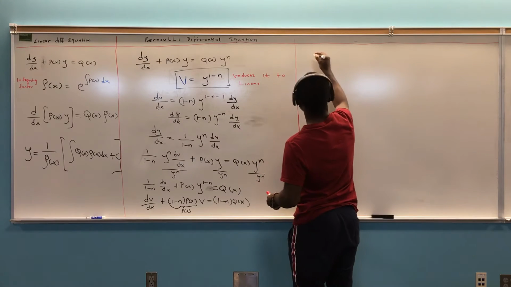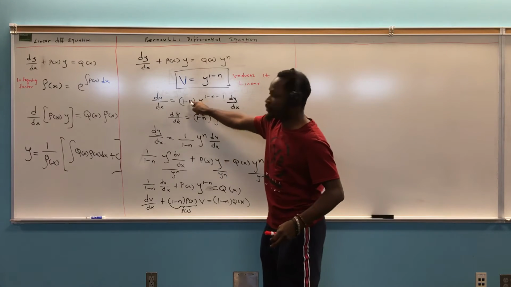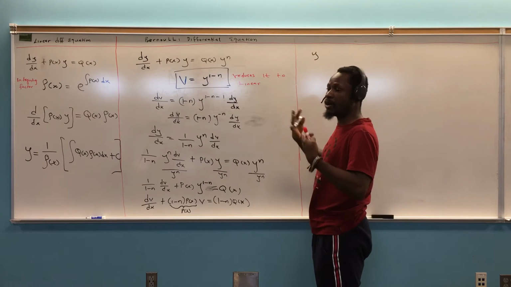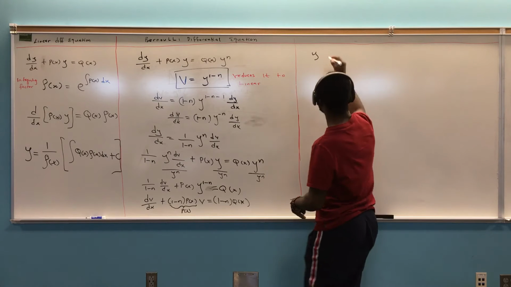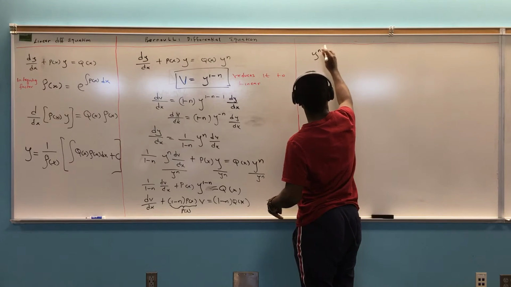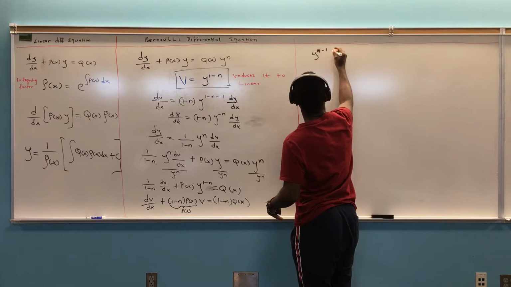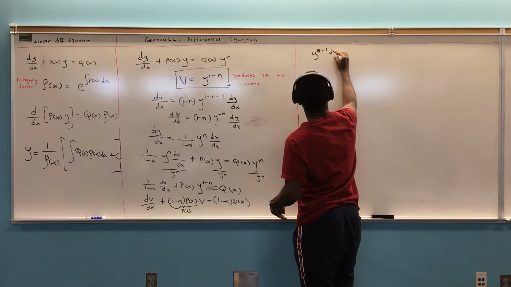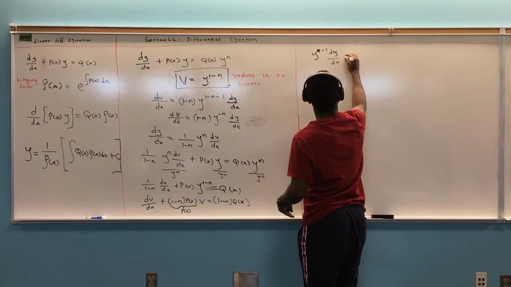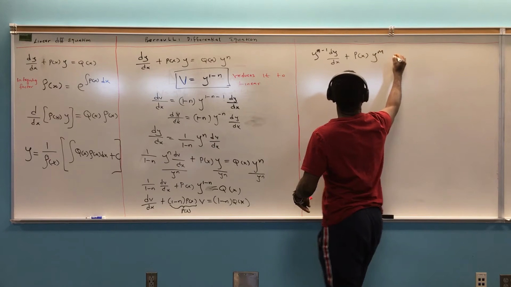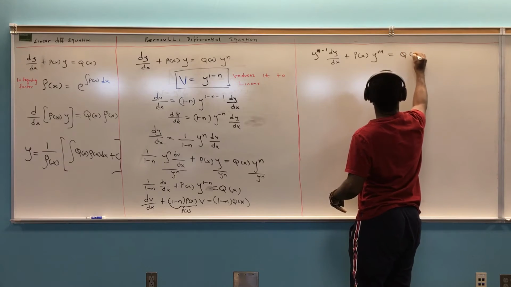My expression, and I'm going to use a different exponent so we don't get confused. My general form, or the way I like to have it, is y^(m-1) dy/dx plus p of x y^m is equal to q of x.